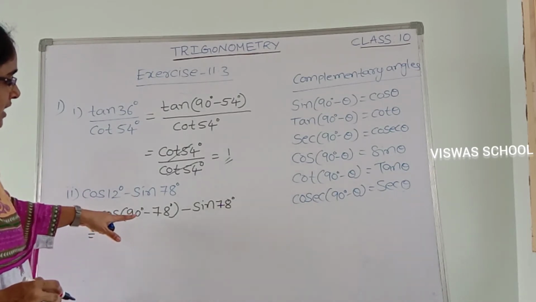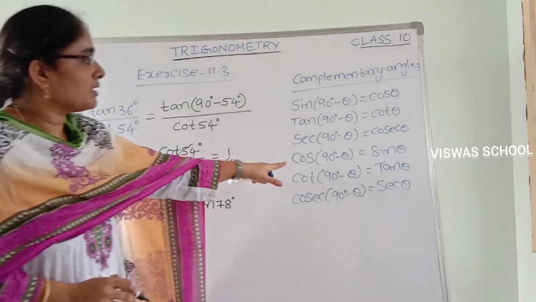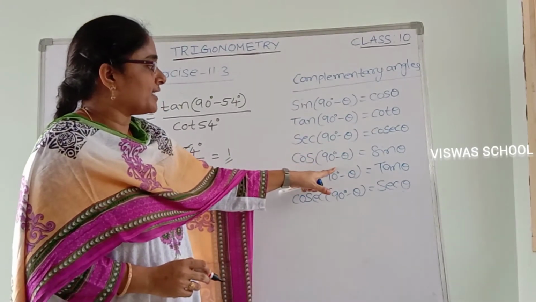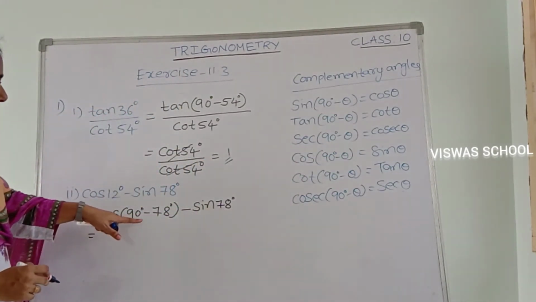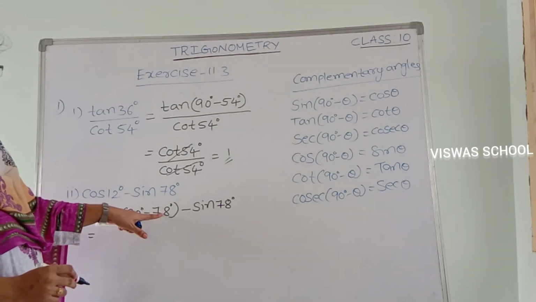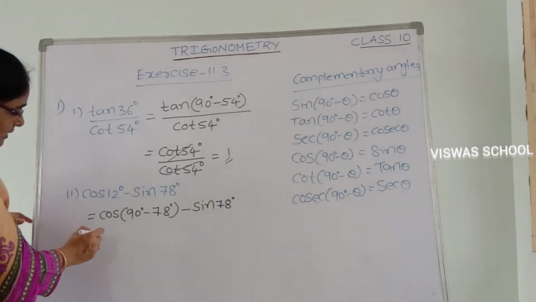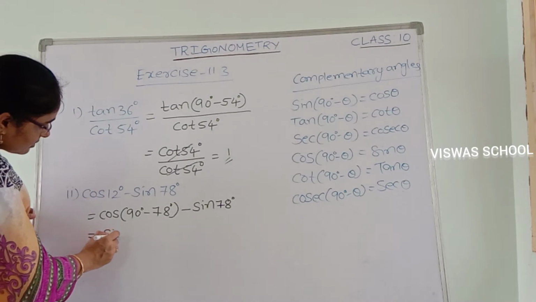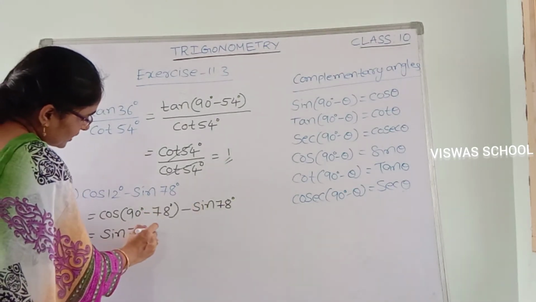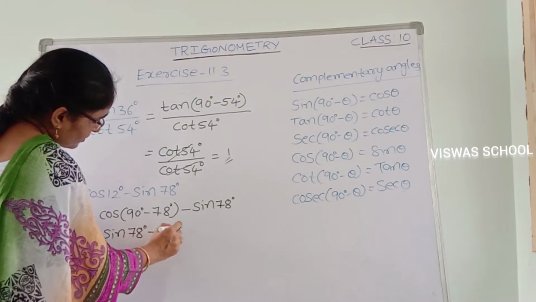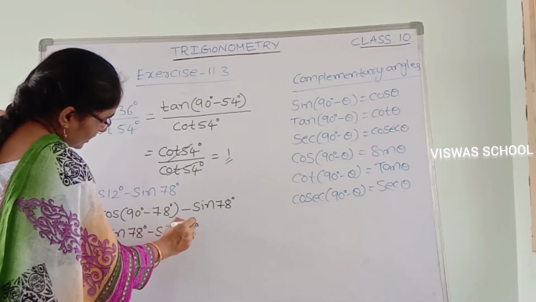What is the complementary for cos here? Sin. That is, cos of 90 minus theta equals sin theta. So cos of 90 minus 78 is equal to sin 78. Sin 78 minus sin 78.